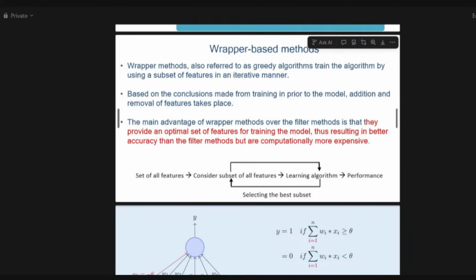But in filter based, you did not do that. It optimizes based on the particular model that you've chosen, but it is computationally expensive because you keep going in this loop where you're selecting the best subset, right? And there are risks of overfitting.